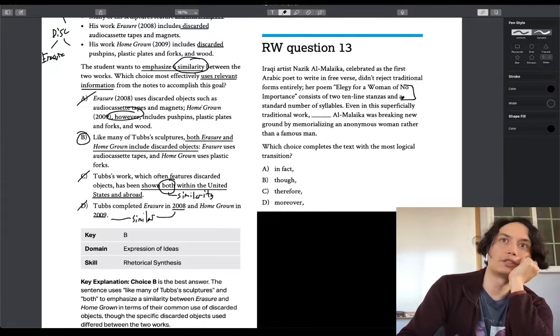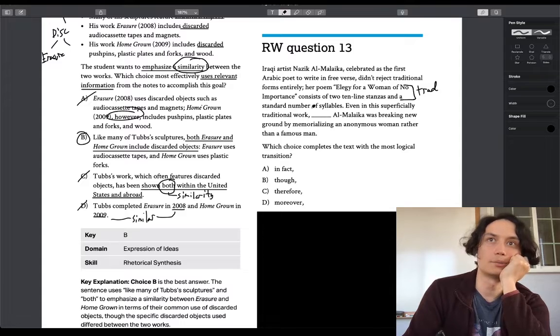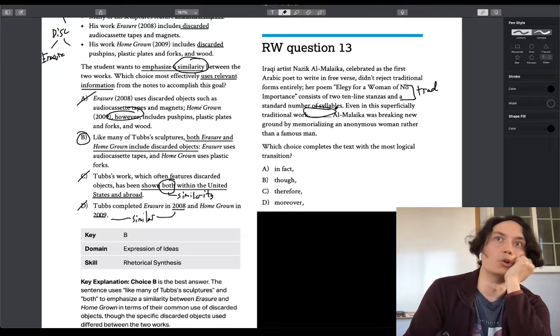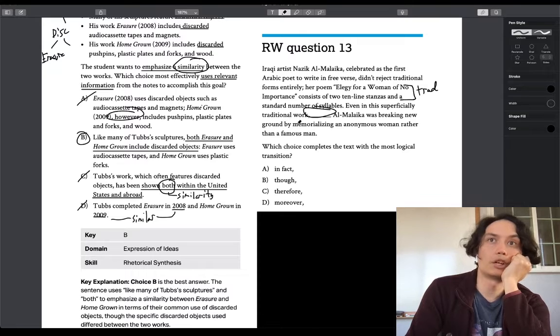Check this out. This is pretty traditional, because there are two 10-line stanzas and a standard number of syllables. Even in this superficially traditional work, though, she was breaking new ground. It seems traditional, but she was doing new things too, breaking new ground by memorializing an anonymous woman rather than a famous man.